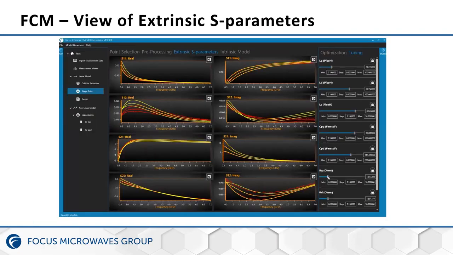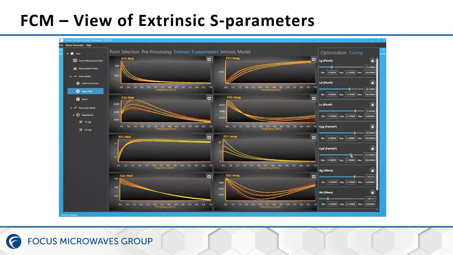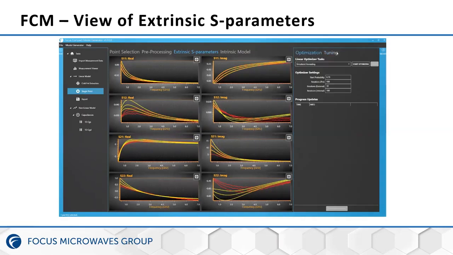Now when we are talking about modeling, all the intrinsic and extrinsic parameters that we have to model can be tuned manually, or our software also allows optimization techniques. Here is a small video that explains how each individual element can be tuned manually, or you can use the built-in optimization techniques.